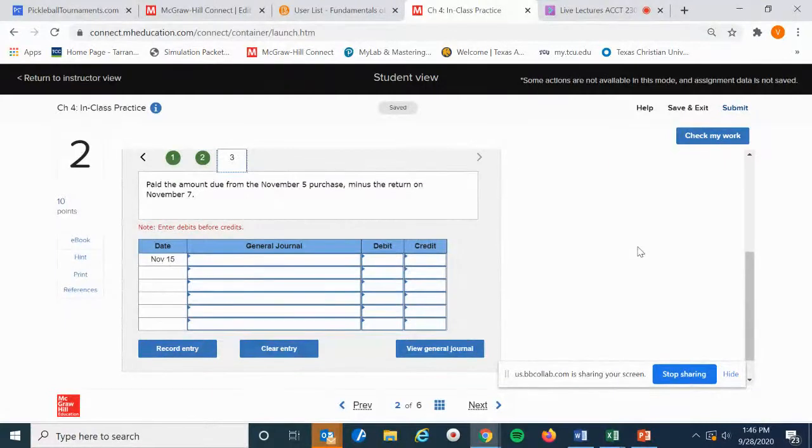So let's look at what happens on November 15th, when they actually pay for the purchase that they made on November 5th. There are several things to consider here. I'm going to go to the very first journal entry, which shows me that on November 5th, we increased merchandise inventory by $6,000.